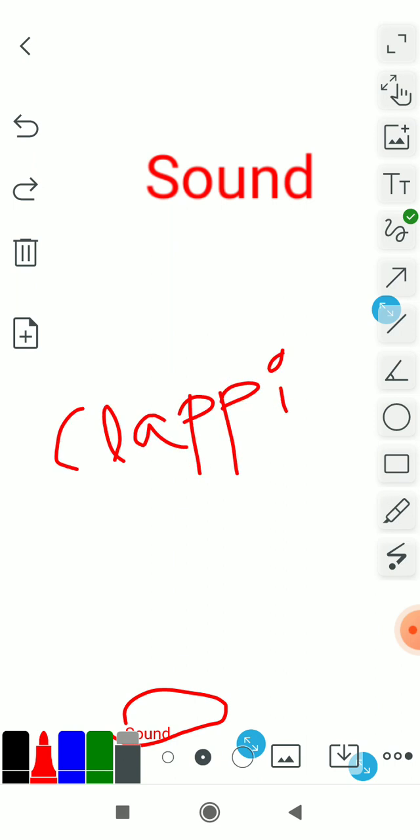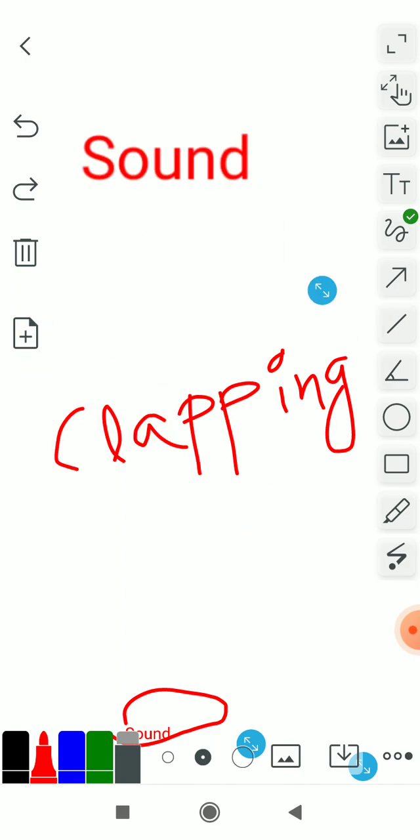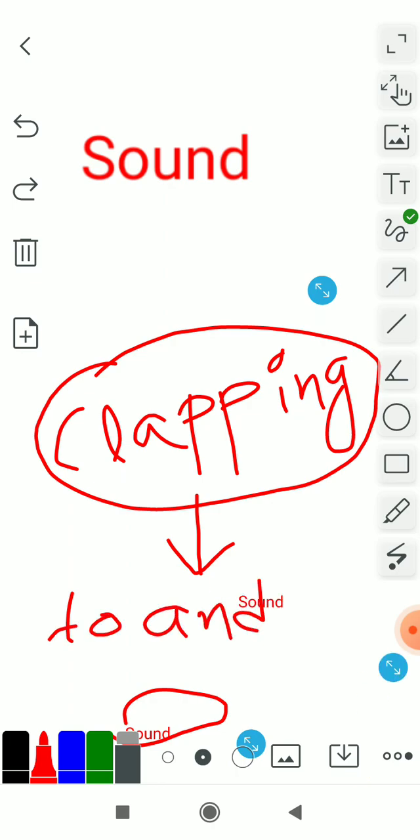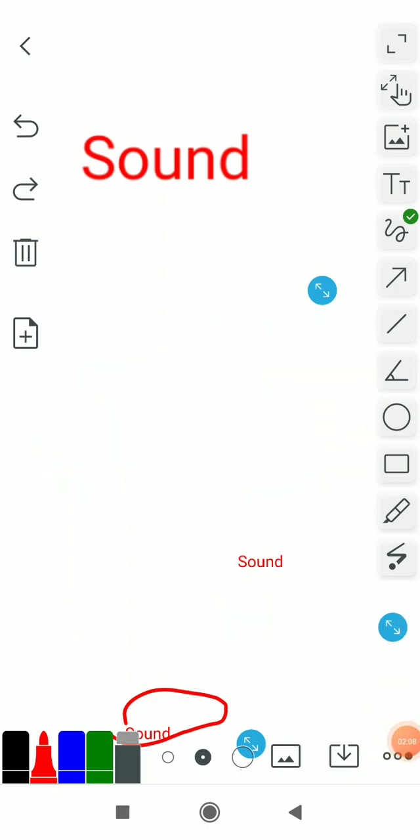When you are clapping, the vibration due to your clapping produces sound. What is vibration? Vibration means to and fro motion of the particle.